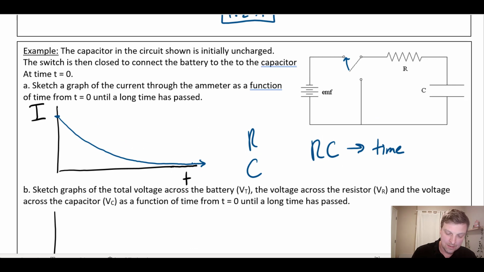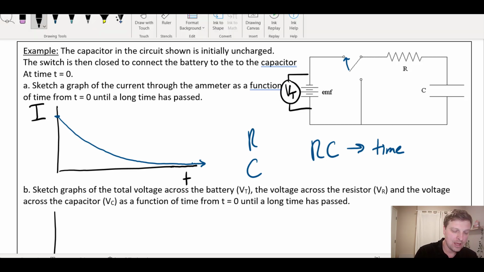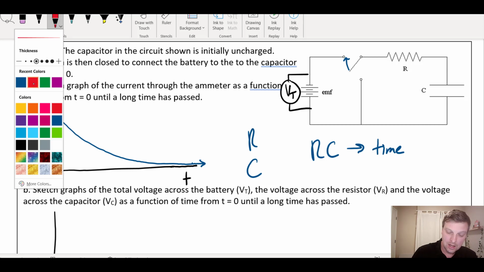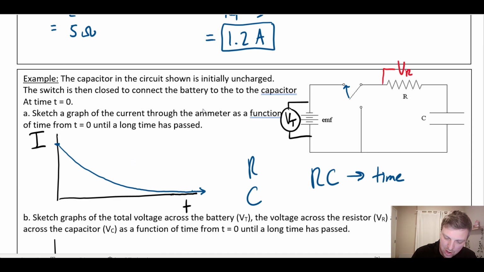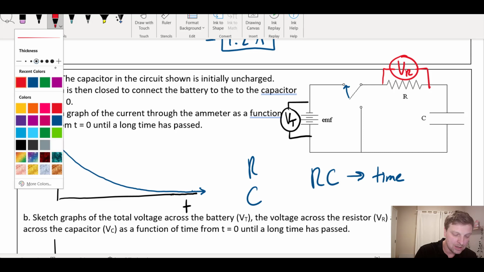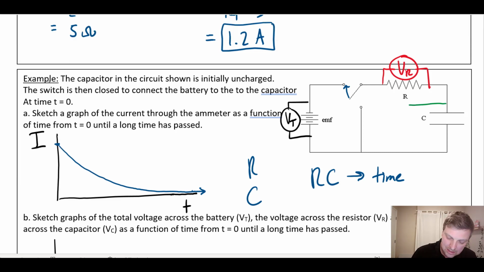If I measure the total voltage across the battery, what's that going to look like? Then I measure the voltage across this resistor, which I'll call VR. And then I'm also going to measure VC, the voltage across the capacitor. What would all of these look like over time?